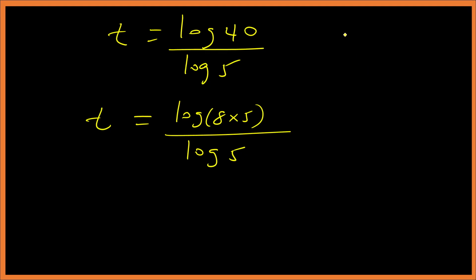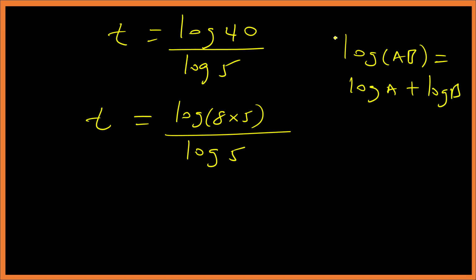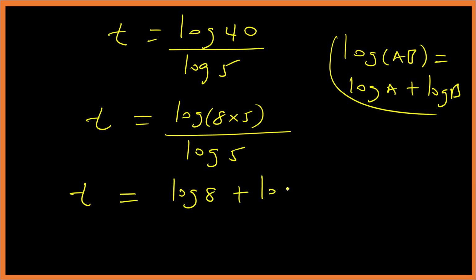Don't forget that log AB is the same as log A plus log B. So from here, my t will be log 8 plus log 5 over log 5.